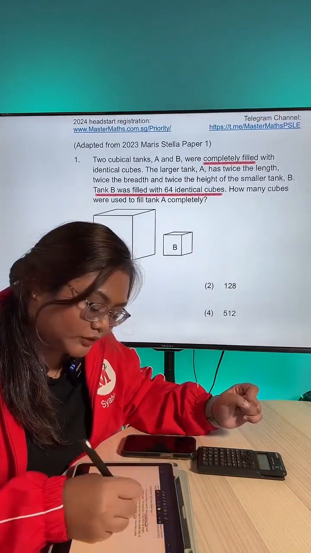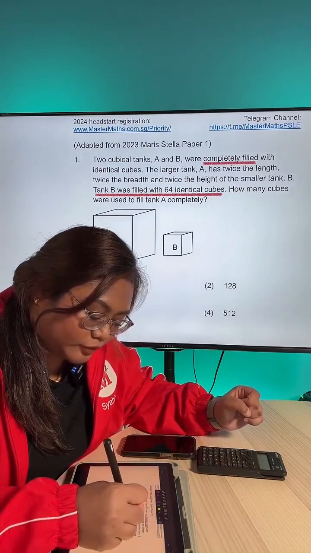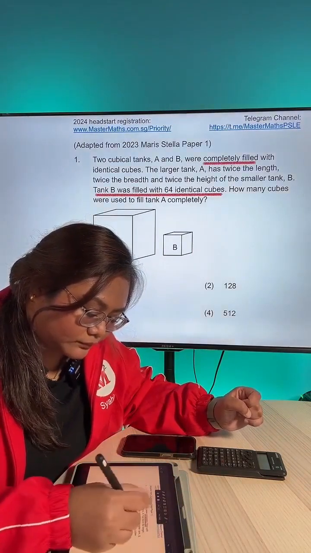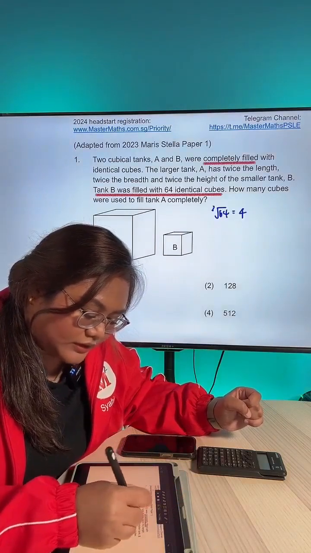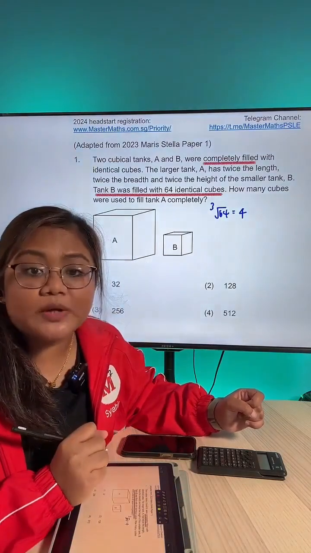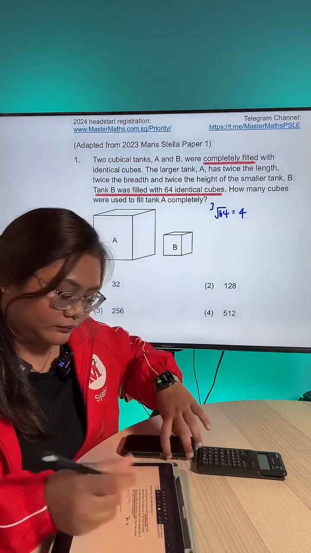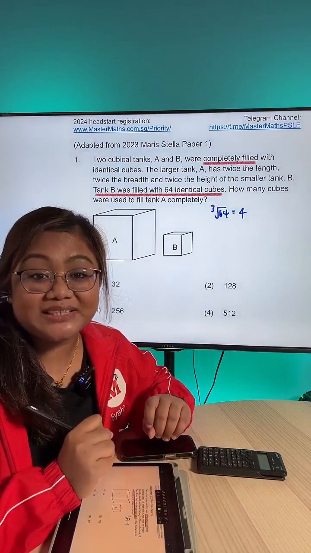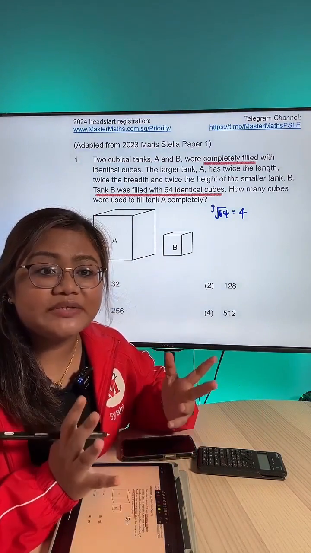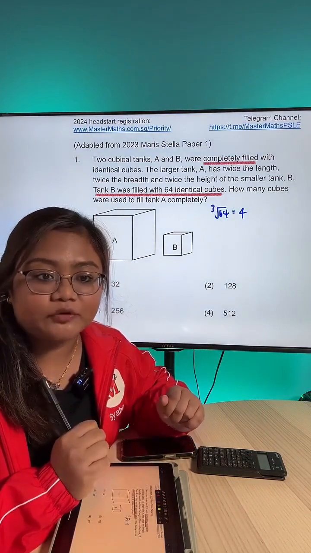If we take the cube root of 64, this will give us 4. Does anybody know why we take the cube root of 64? What's the reason?